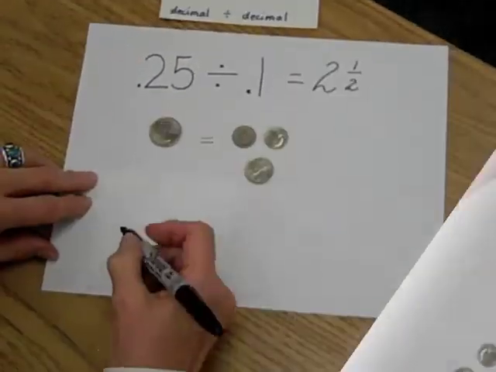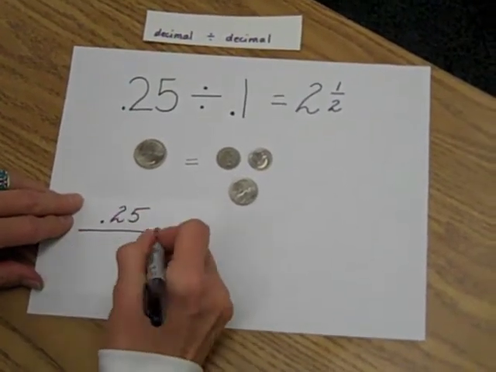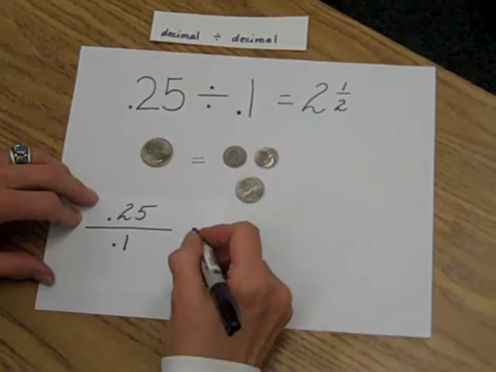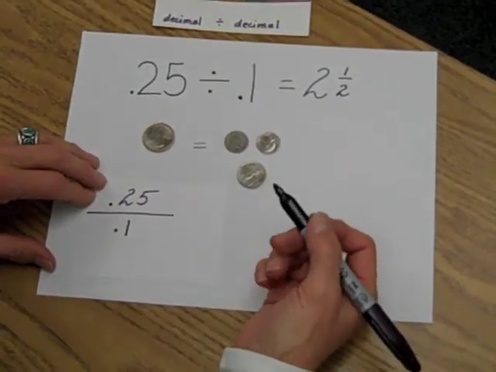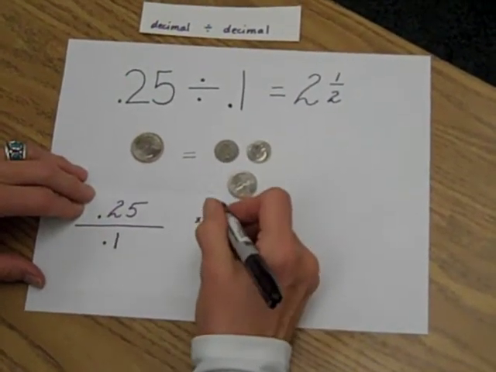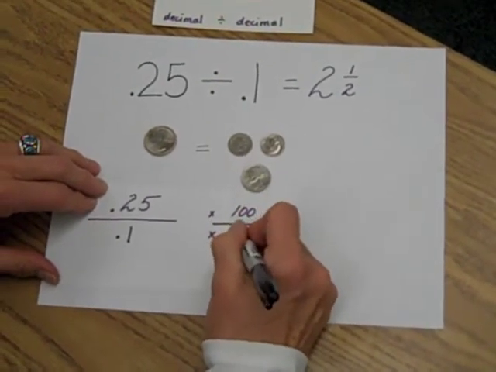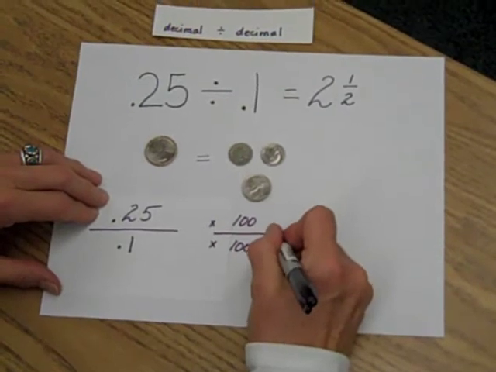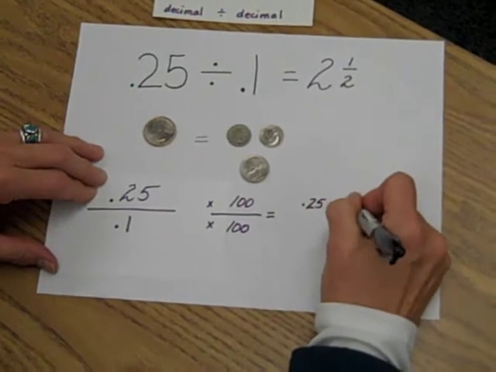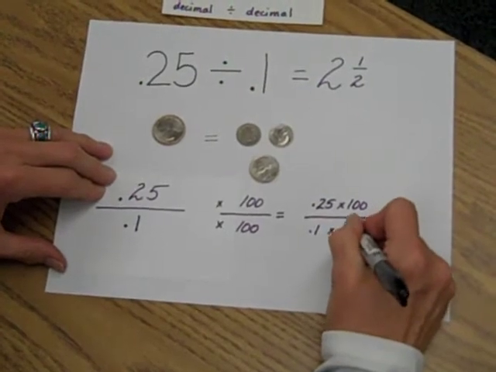Okay. Now, mathematicians like to write a decimal division problem as a fraction. 25 hundredths divided by 1/10. But we would like to be working with whole numbers. So we're going to make equivalent fractions by multiplying the numerator by 100 and the denominator by 100. So that would look like this: 25 hundredths times 100 divided by 1/10 times 100.